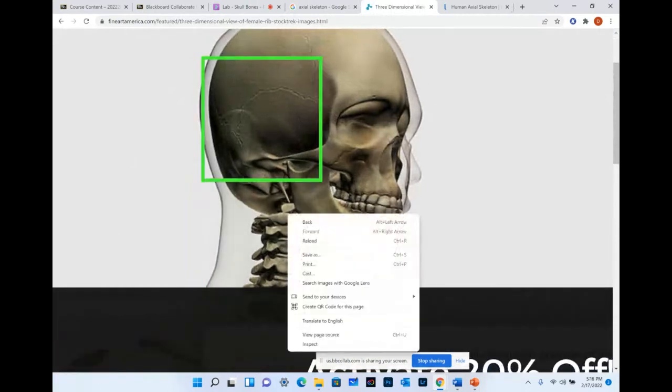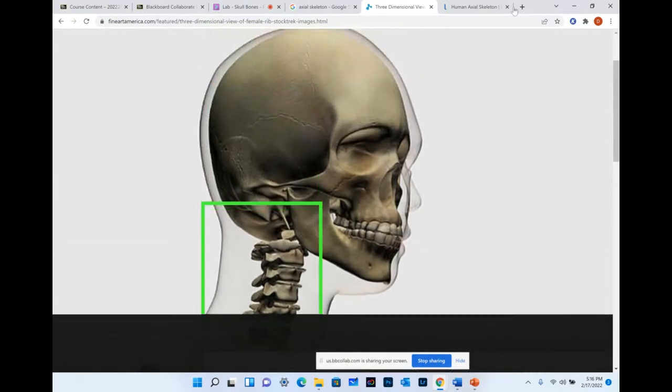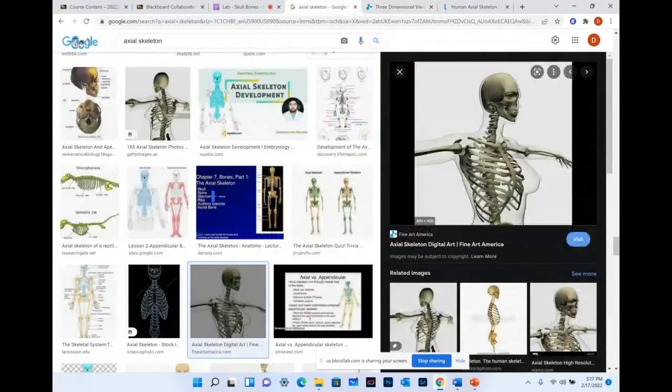This is your hyoid bone right here. Okay, this is your hyoid bone. The hyoid bone is present where the head meets the neck. Okay, and we are going to look at that as well in just a bit.